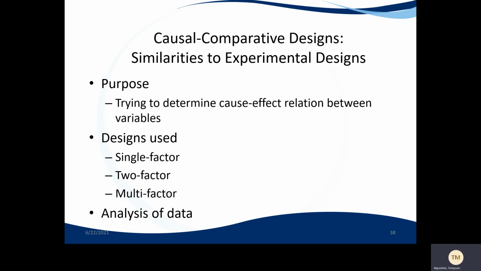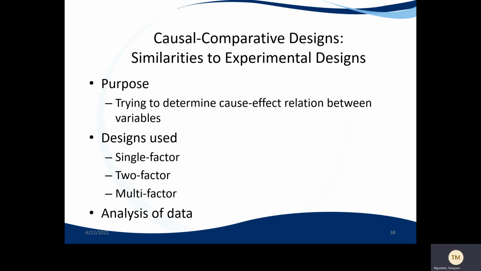Ultimately, they all achieve the same thing. The only difference is that in true experimental research, the owner of the research has the ability to actually manipulate the variable. But in causal comparative designs, the variable has already occurred, so they don't manipulate it. All they do is understand its impact on two or more groups.